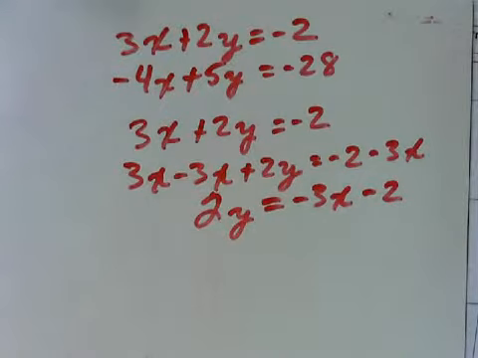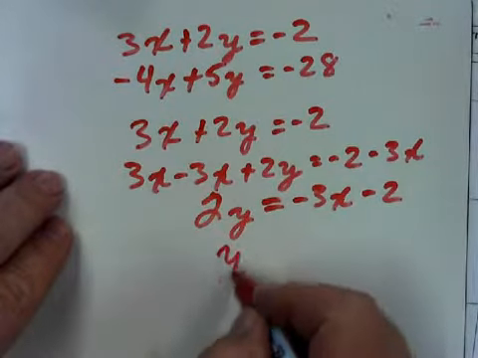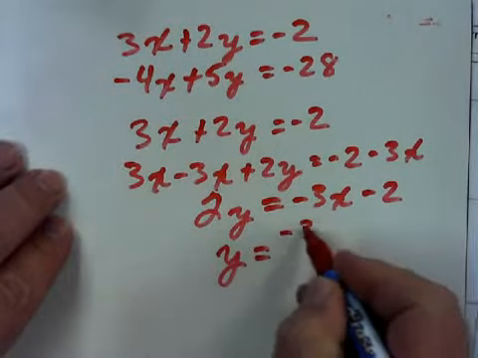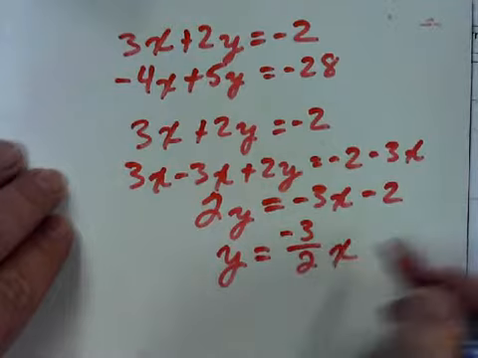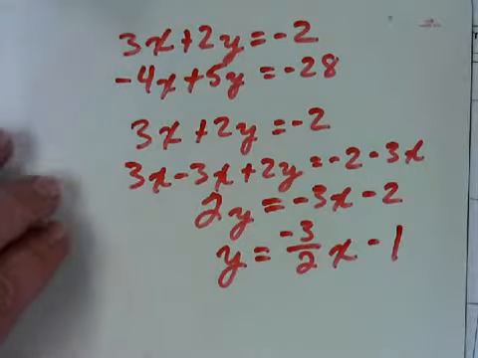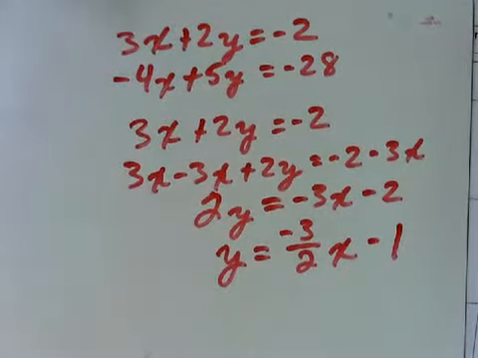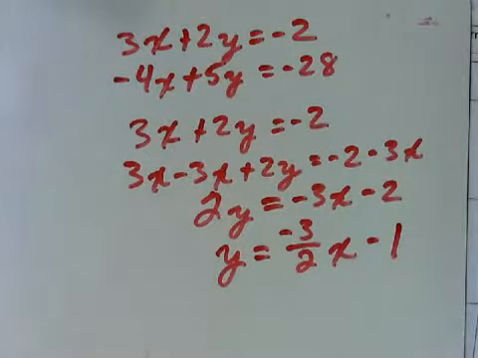Have I put it into slope-intercept form? No. You have to divide by 2, so that you just have y. So I divide everything by 2, and I'd have y equals negative 3 halves x minus 1.